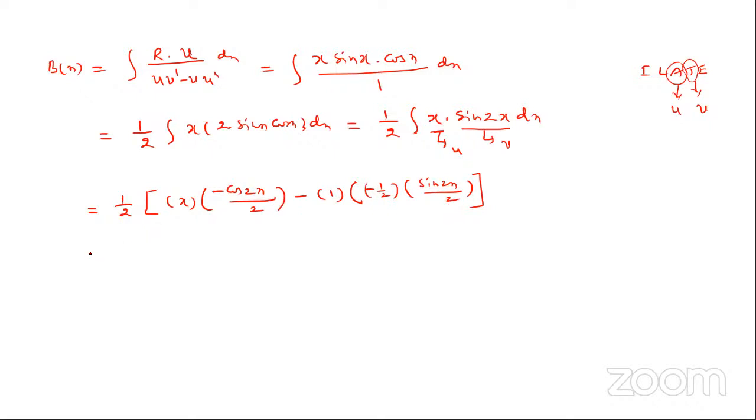Upon simplification we get minus x into cos 2x divided by 2 2s are 4. And the second term is minus into minus, plus, 2 into 2 into 2; 2 2s are 4, 4 2s are 8 is the denominator. The numerator is sin 2x. So this is the value of bx.